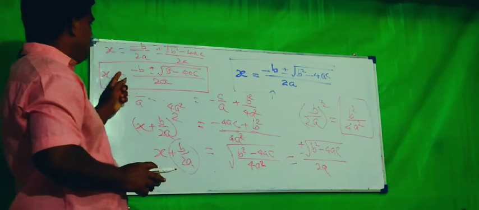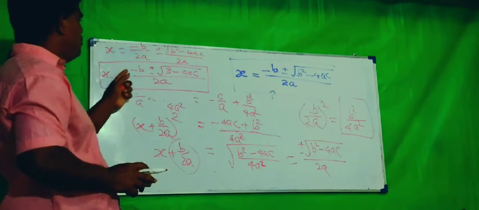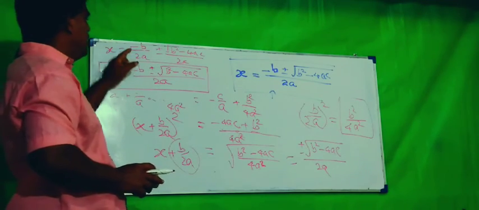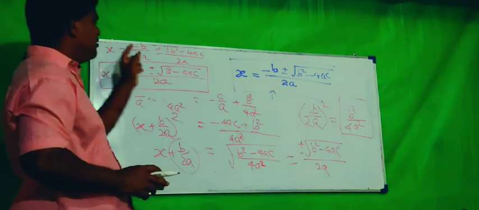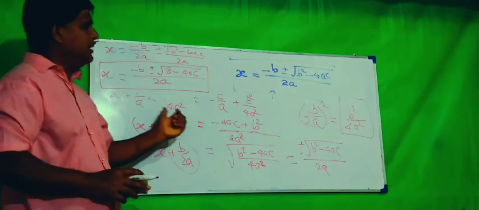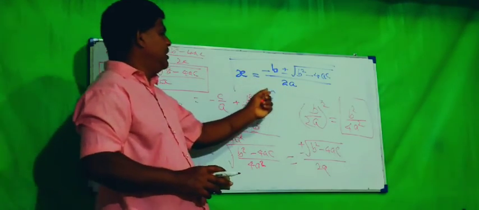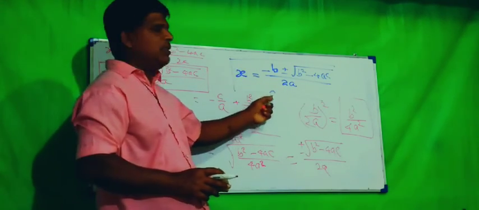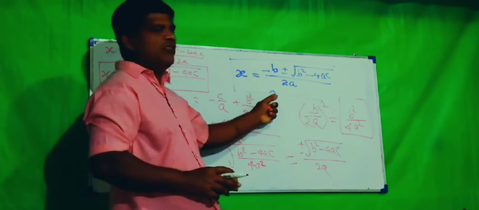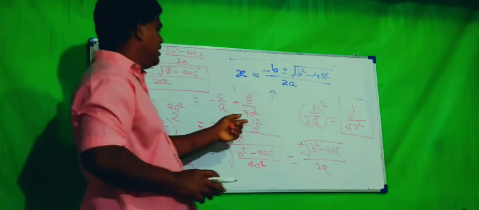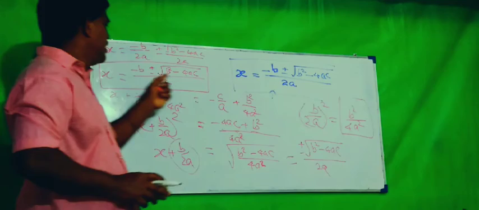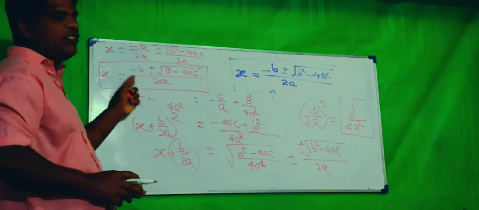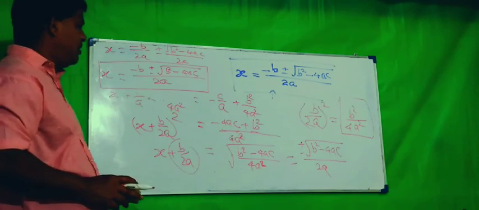So this is the method of deriving the formula by using completing the square. At the beginning of this section, the formula was given directly by me, and thereafter it was derived step by step using completing the square.